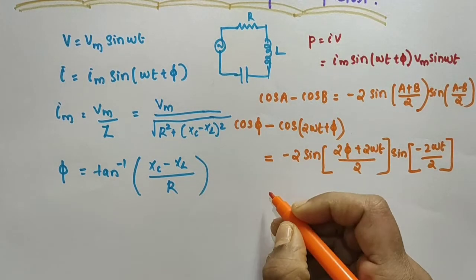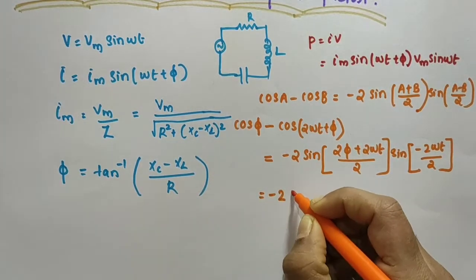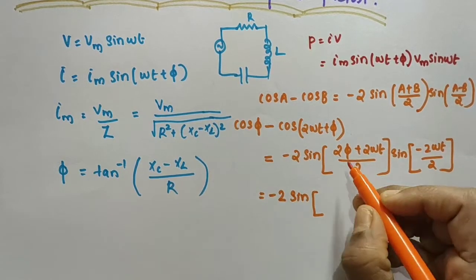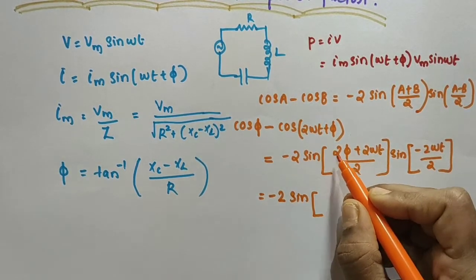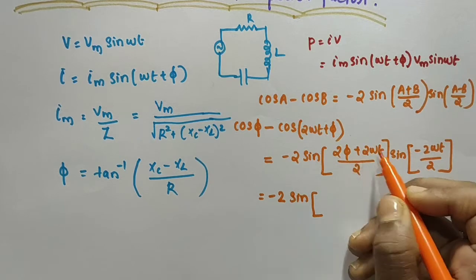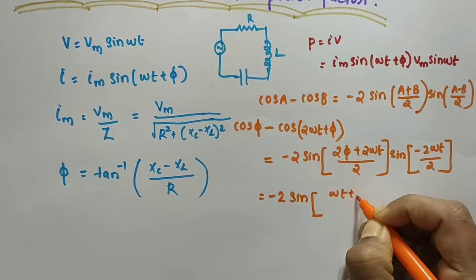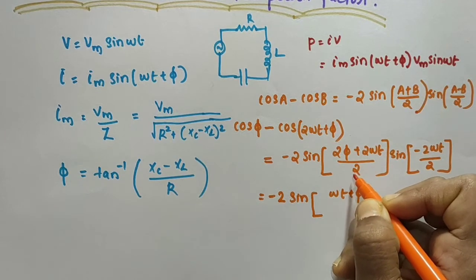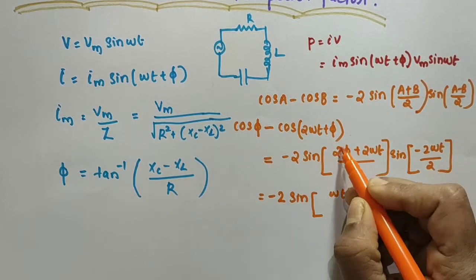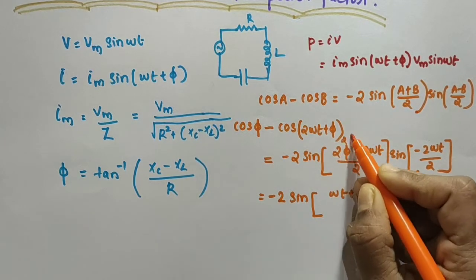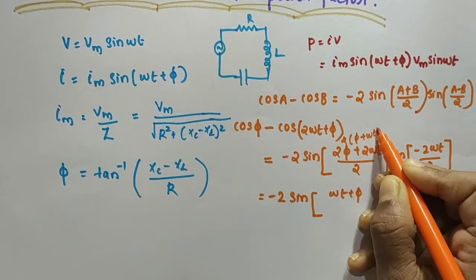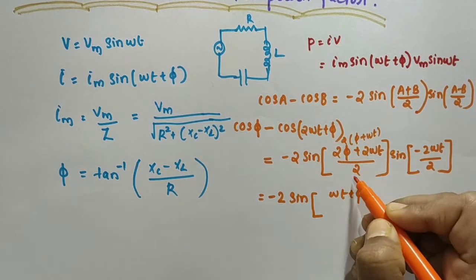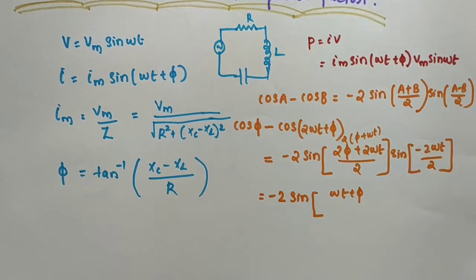So, this can be written as minus 2 sin of, if I am taking 2 outside from this expression, this becomes phi plus omega t, or I can write it as omega t plus phi. So that 2 and this 2 will be cancelled. If I am taking 2 outside from these two terms, this becomes 2 into phi plus omega t divided by 2. So, this 2 from the denominator and this 2 from the numerator can be cancelled.